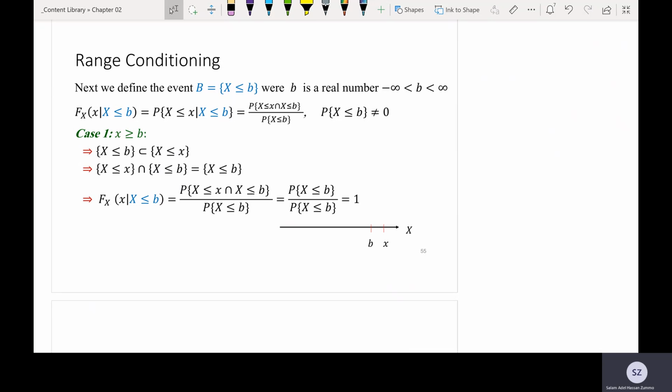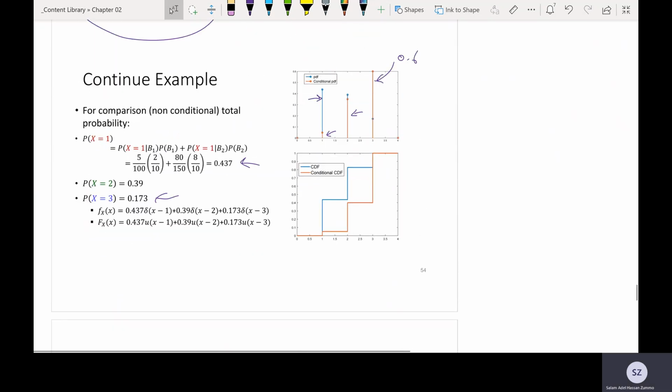Now what about conditioning when I don't have the order of box 1 and box 2? I have a PDF that looks like this or a CDF that looks like this, one of them. And I'm interested in conditioning on X being less than, for example, 2.